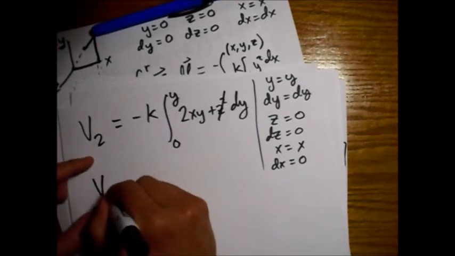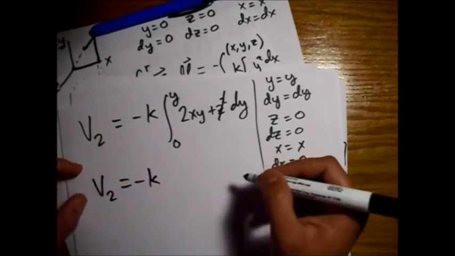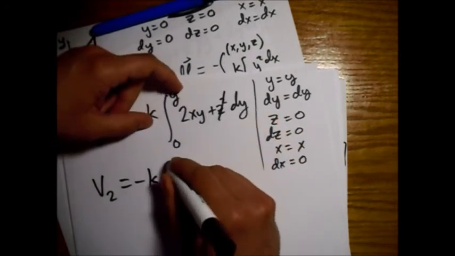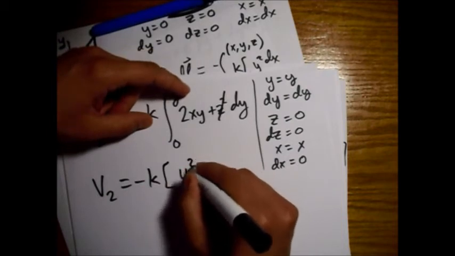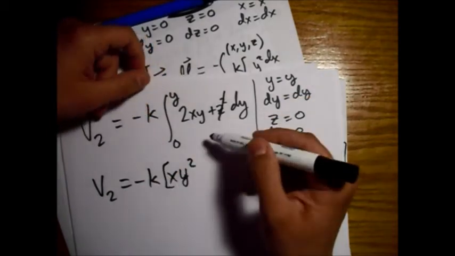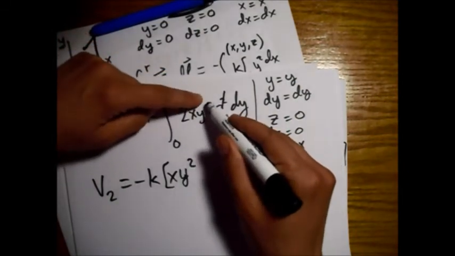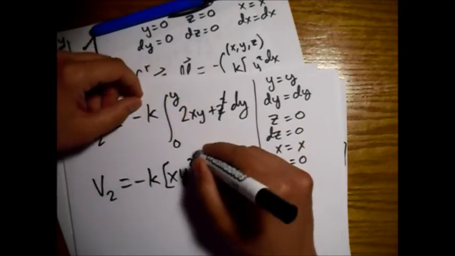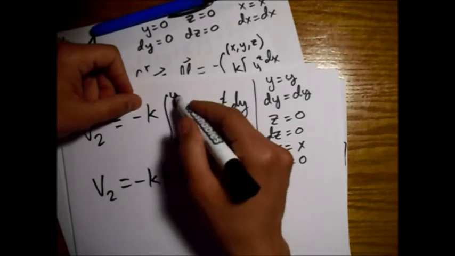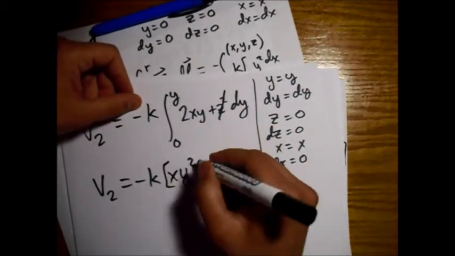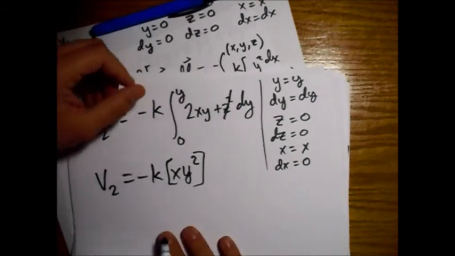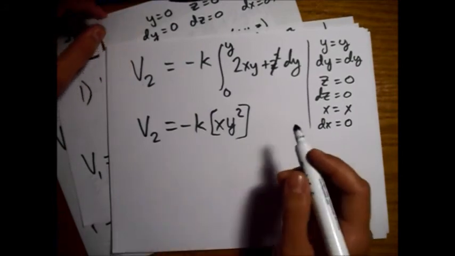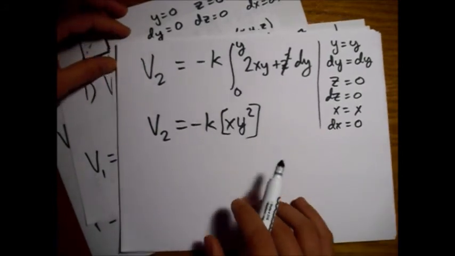So the second leg of our journey, minus k, and here we have x y squared. We just raised y to 2 divided by 2, that kicks out this 2, and we have an x y squared. When we evaluate that from 0 to y, y stays there, minus 0, and we just stay here with x y squared. It may look kind of abbreviated or abridged, but that's what we get.